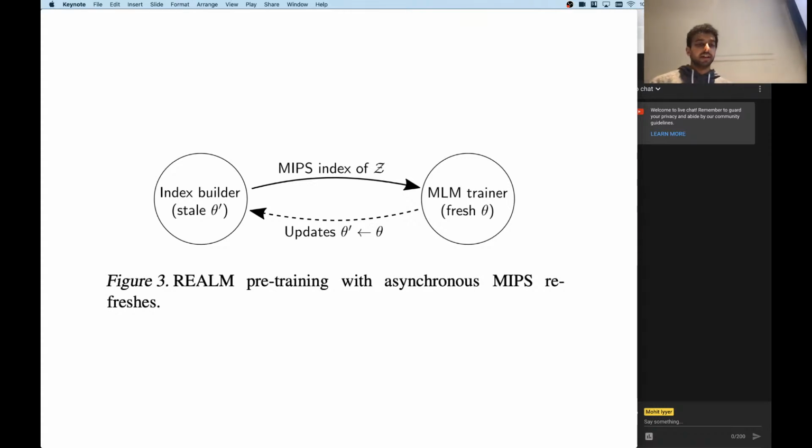So this kind of thing seems pretty promising moving forward, although training is still expensive and inaccessible to most people. All right, any questions about Realm?